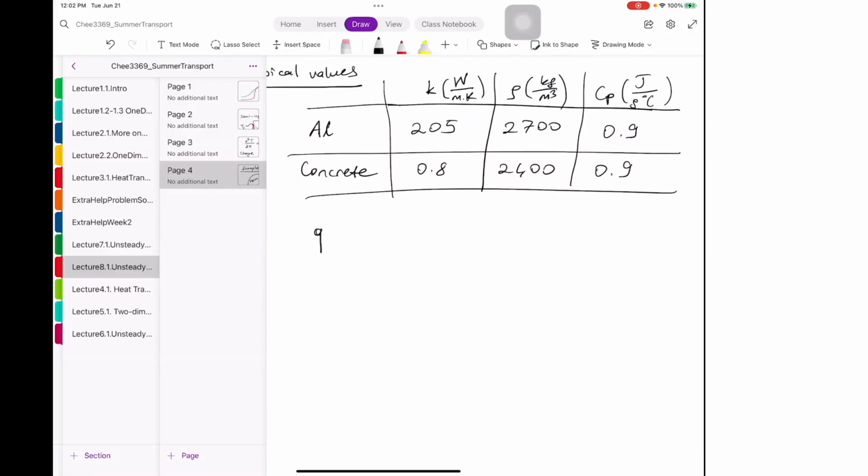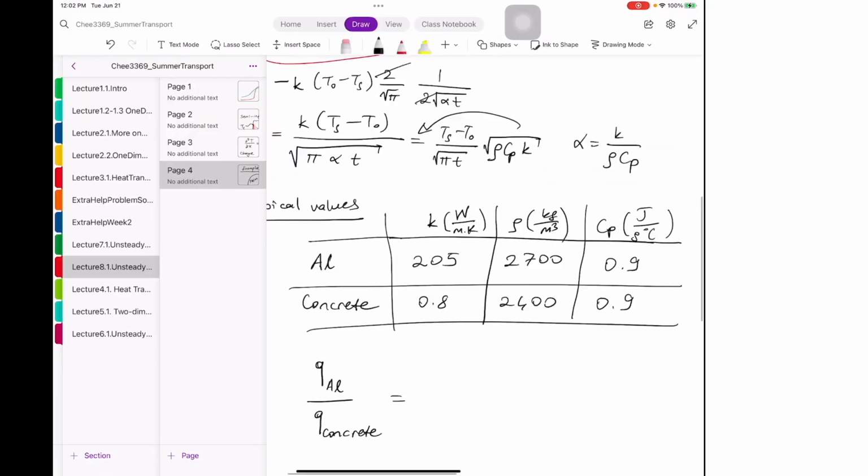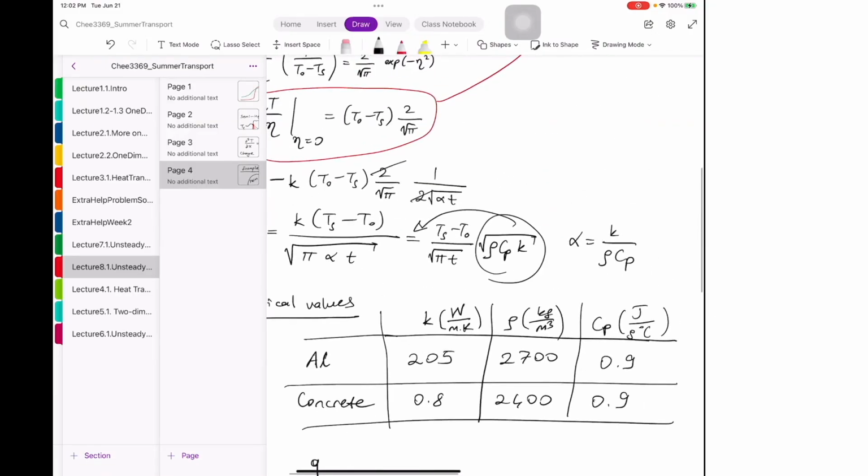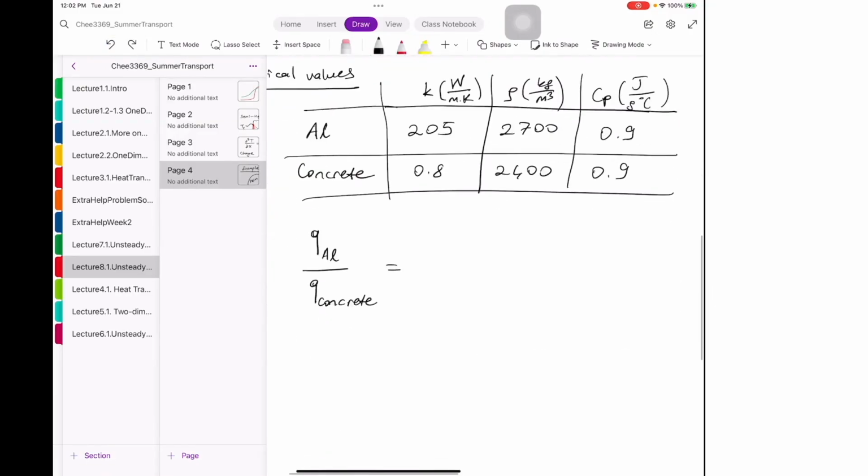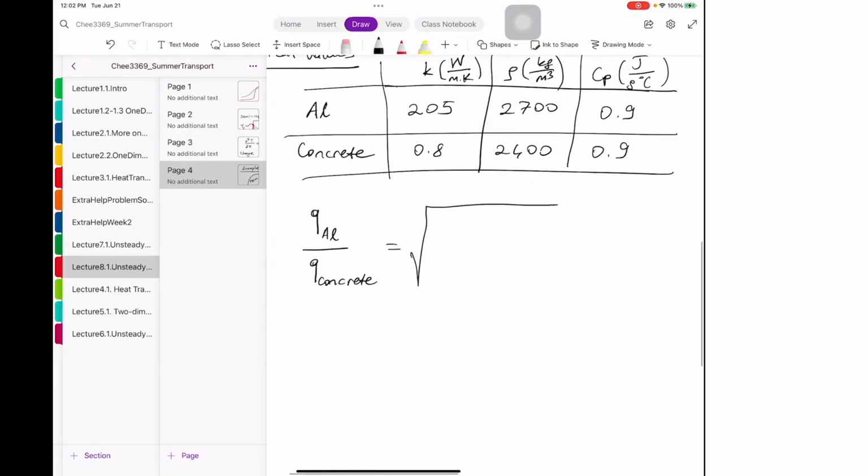And so the q of aluminum divided by q of concrete, you find that it's going to be the ratio of the square root of those numbers: rho aluminum, k aluminum, Cp aluminum, divided by rho concrete, k concrete, Cp concrete.